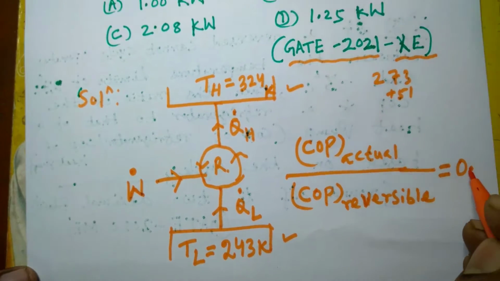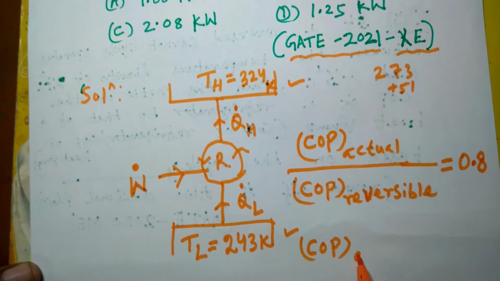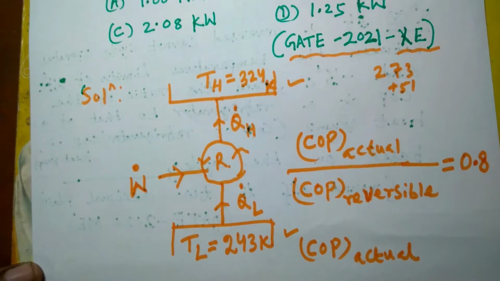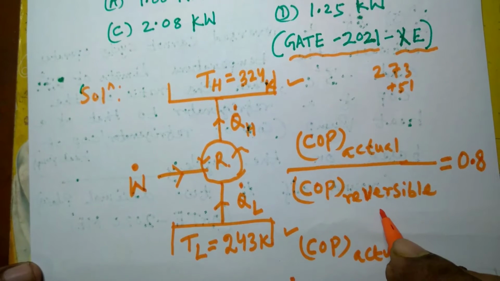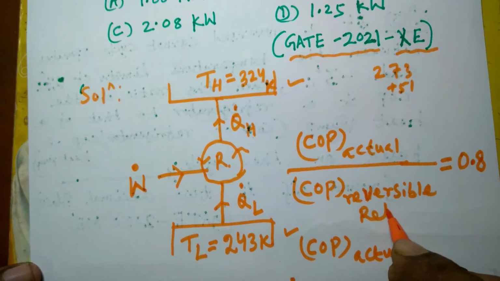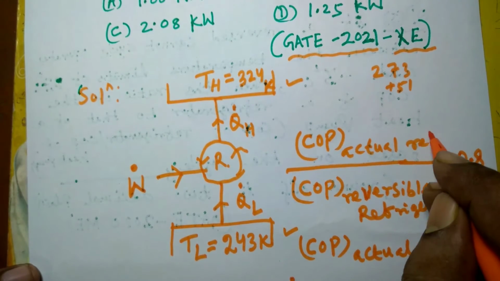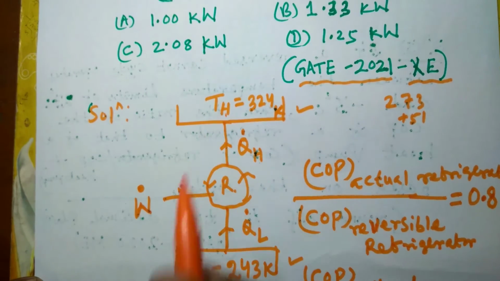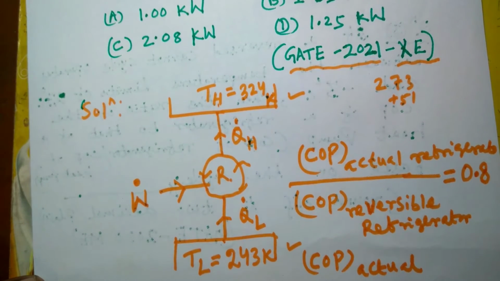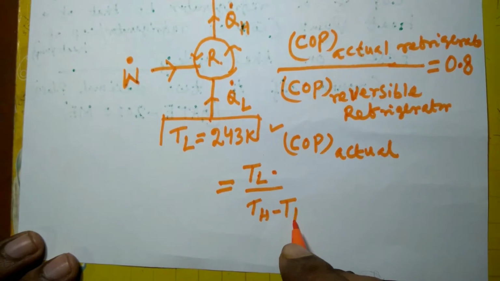So I can write: the actual COP of this particular refrigerator is equal to 0.8 times the COP of the reversible refrigerator. The COP of the reversible refrigerator is nothing but TL divided by TH minus TL.